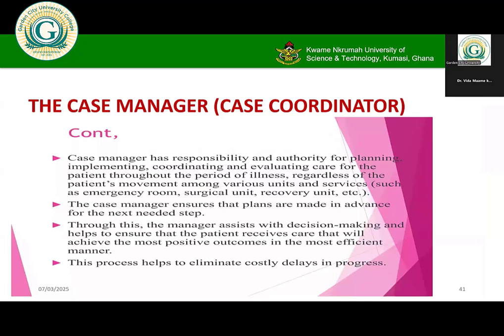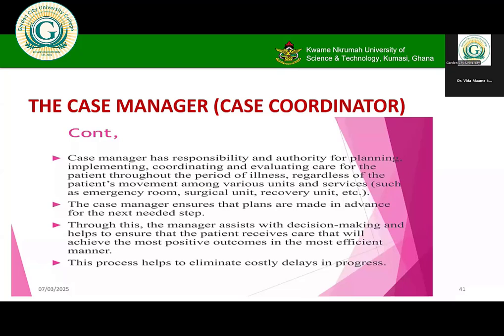You also have the responsibility for planning, implementing, coordinating, and evaluating care for patients throughout the period of illness, regardless of the patient's movement among various units and services. You follow the person through the emergency room, surgical units, and recovery units, until the person recovers and goes home.